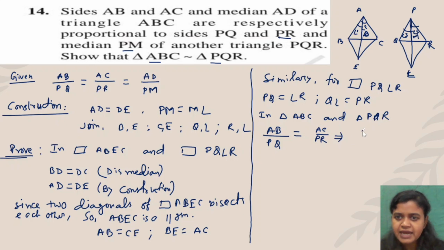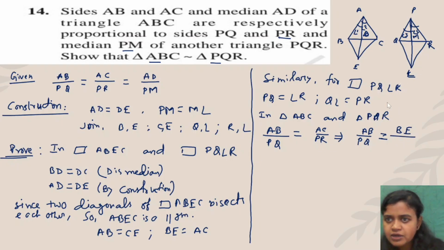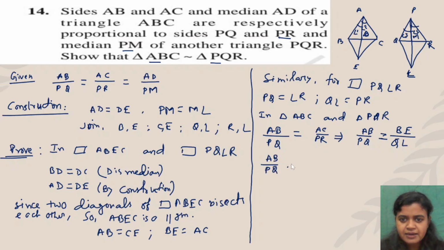This implies AB by PQ equals, instead of AC we can write BE, because we proved AC equals BE, and instead of PR we can write QL.